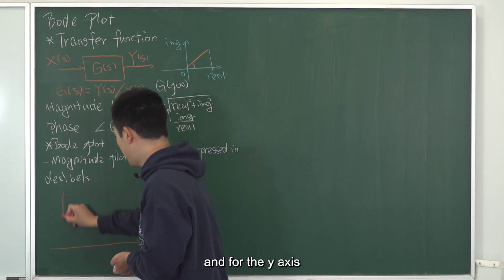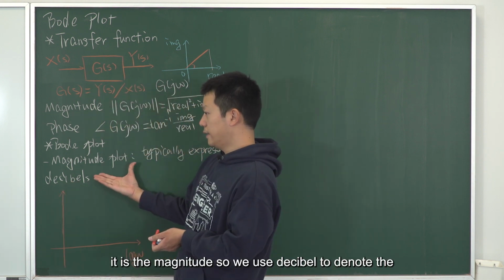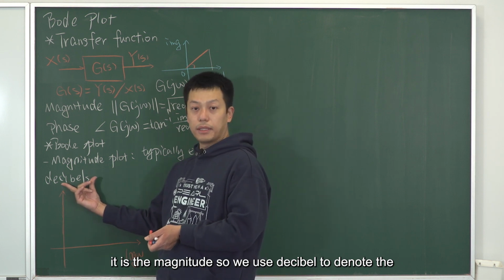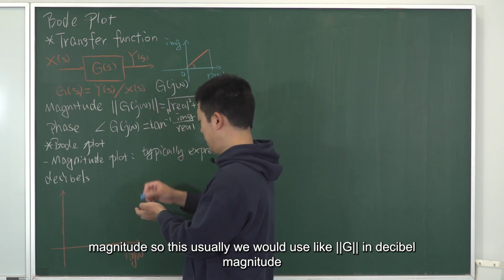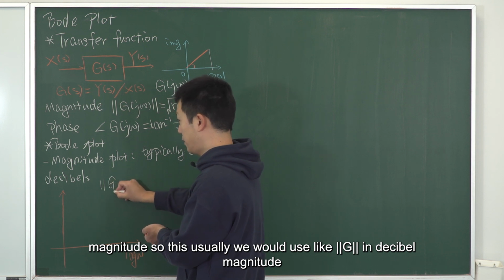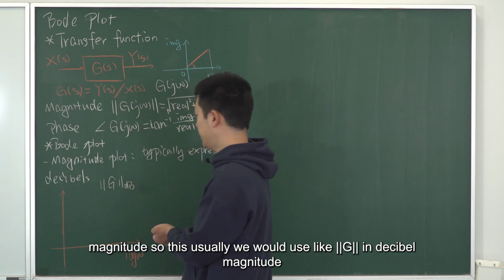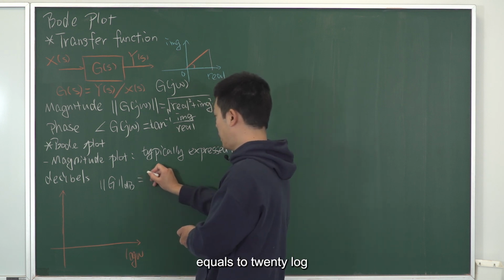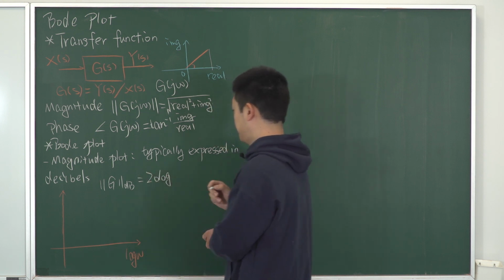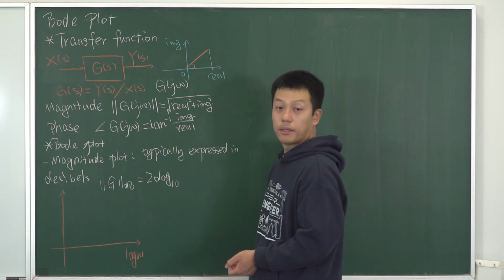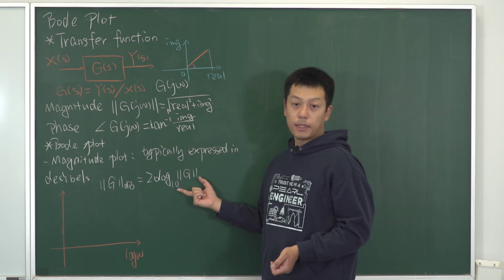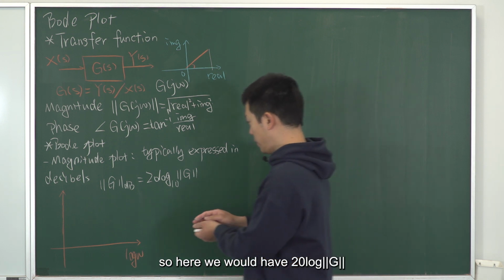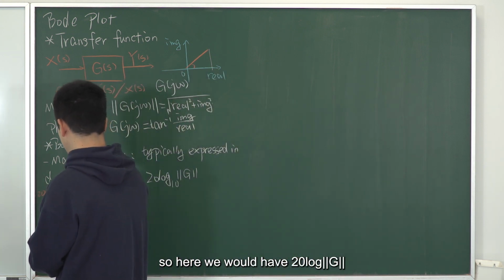And the y-axis is the magnitude, where we use decibels to denote the magnitude. The magnitude in decibels equals 20 log base 10 of the absolute value of the magnitude, so here we would have 20 log |G|.